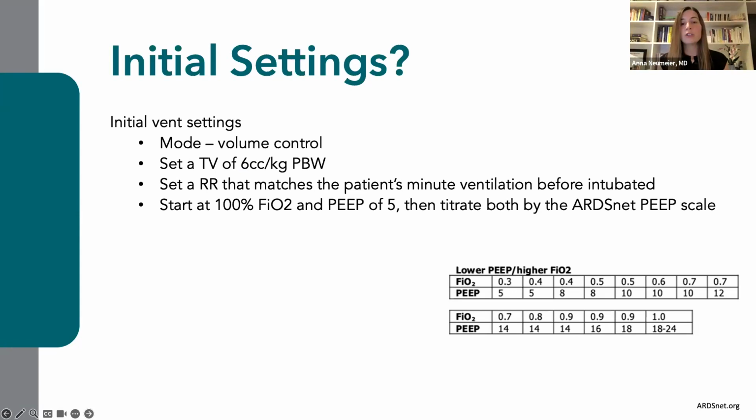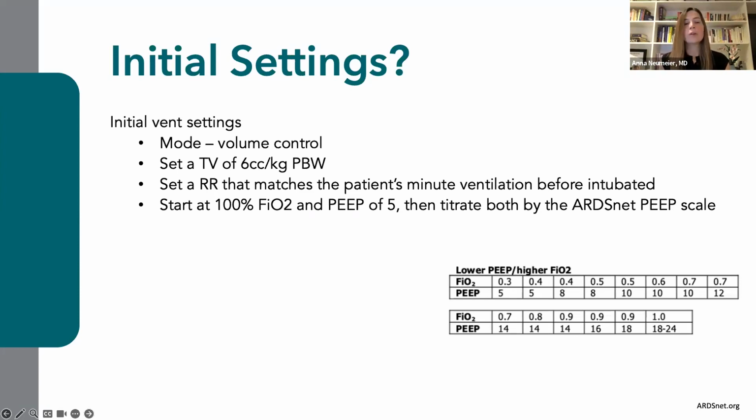In a patient who we are worried about having acute respiratory distress syndrome, maintaining the small volumes in the lung protective ventilation is paramount. So the mode that would be chosen in this circumstance would be volume control. The tidal volume would be set to 6 cc's per kilogram of predicted body weight. The respiratory rate should be set to match that of the patient's minute ventilation before intubation.